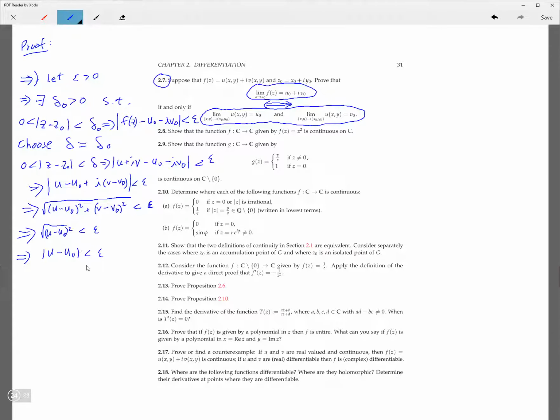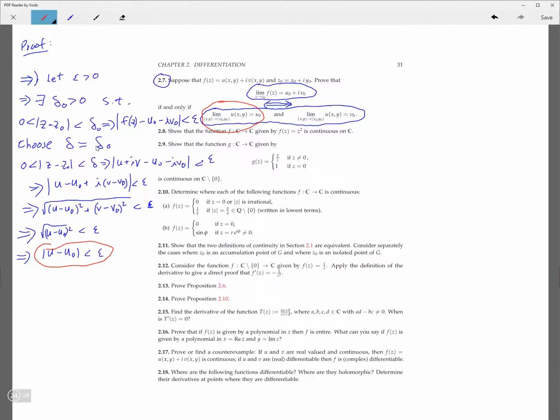And so what this is saying, what this right here is doing is this part here.